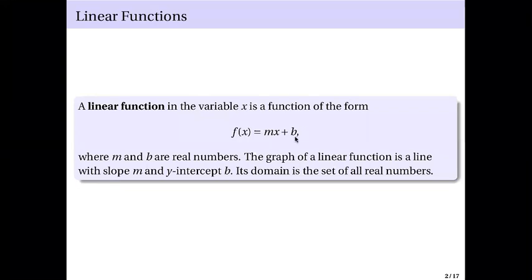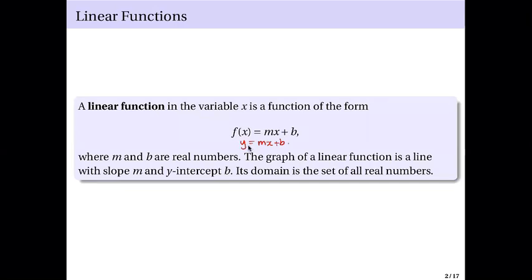We say that it is the image of the function f at x. So we may assign that image as y, meaning we can rewrite this as y equals mx plus b.